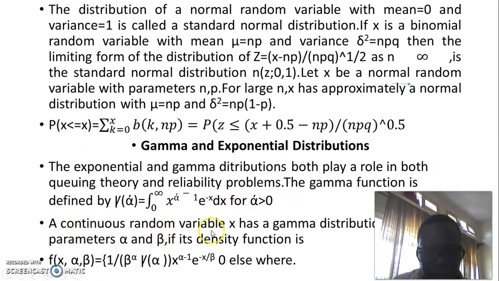A continuous random variable x has a gamma distribution with parameters alpha and beta if its density function is defined by 1 over beta raised to power alpha gamma of alpha, x raised to power alpha minus 1 e to power negative x over beta, or 0 elsewhere.